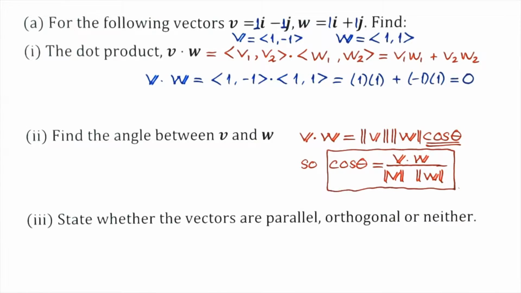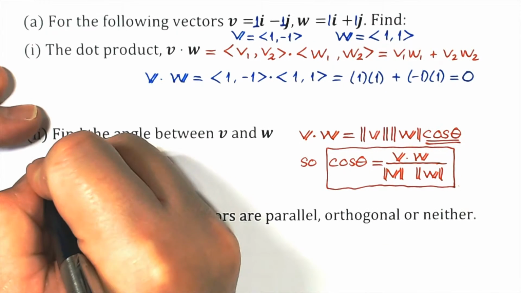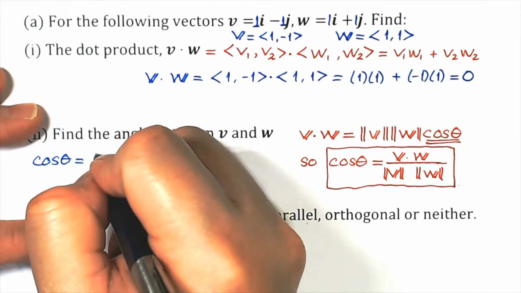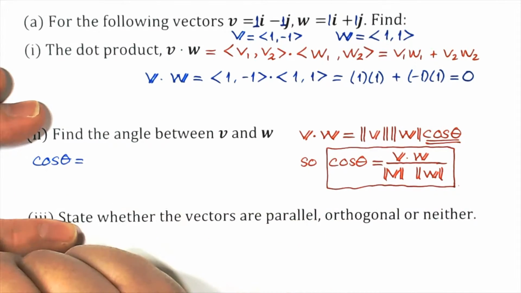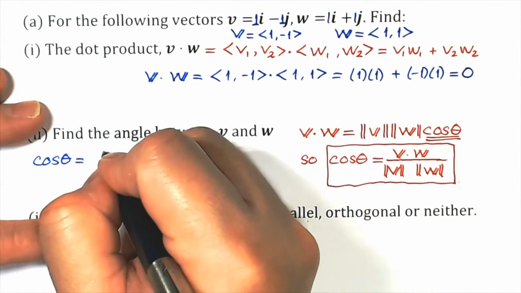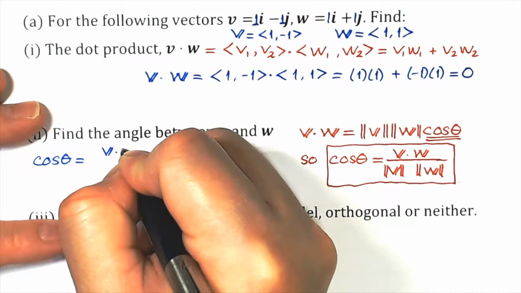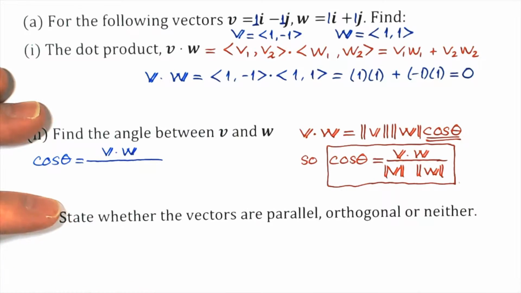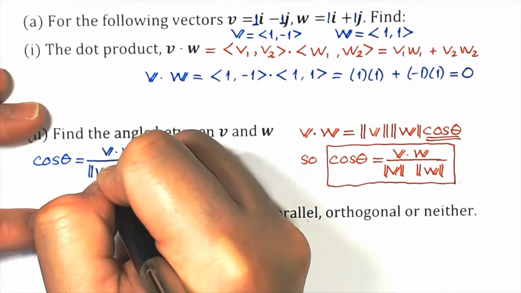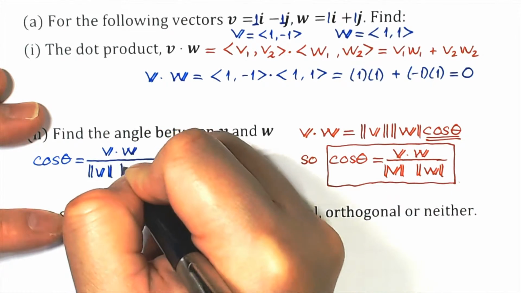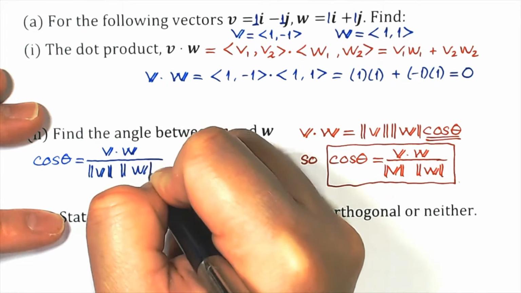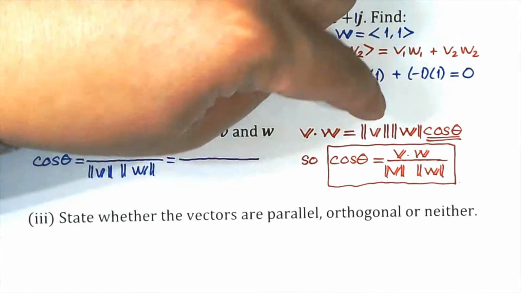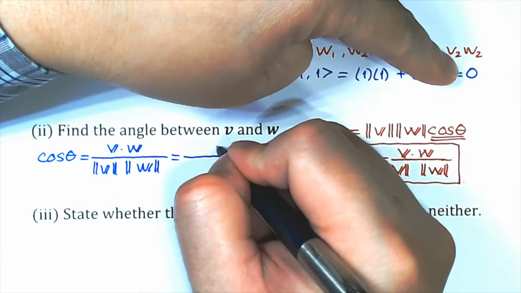Right. So we'll do the math here. We say cosine of theta equal to v dot w. We already have that, but let's just copy the formula here. And the magnitude of v, the magnitude of w. The dot product we already have done, which is 0, so that is 0.